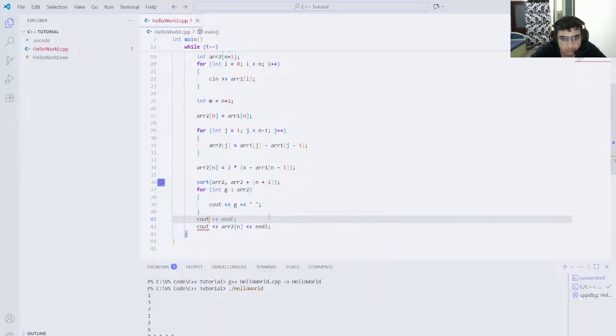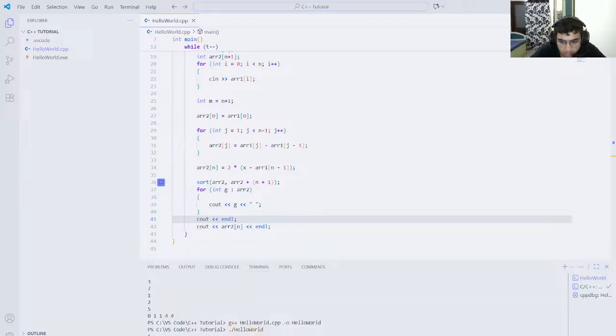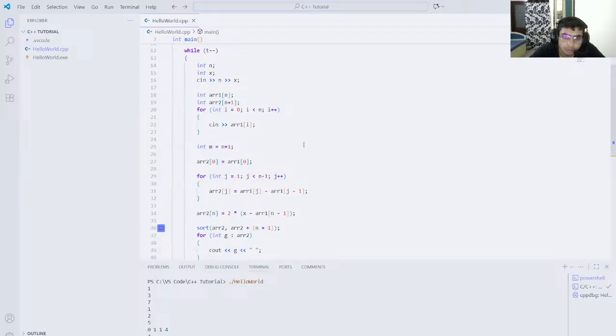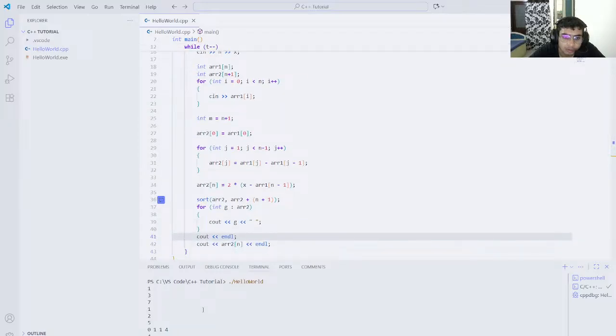Let's see how. Error 1. Error 1 should not be 0. Error 1 should be 1.